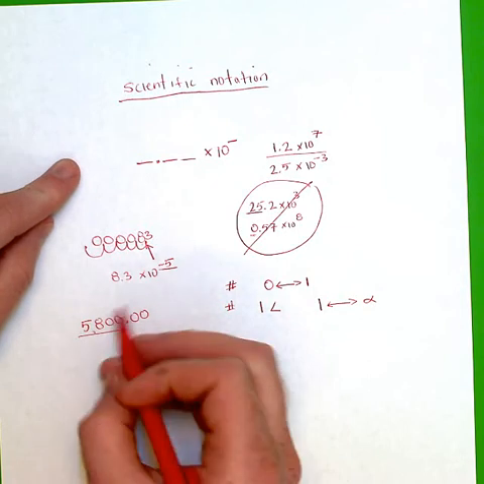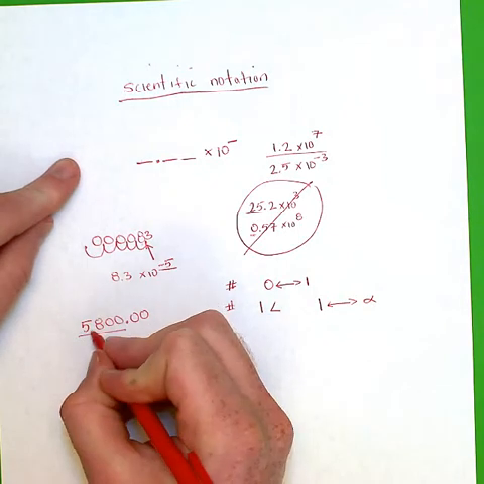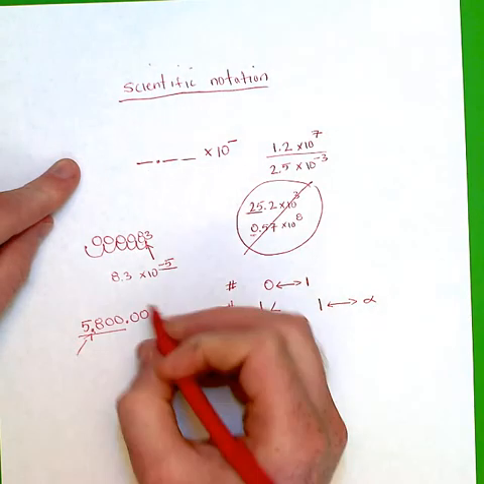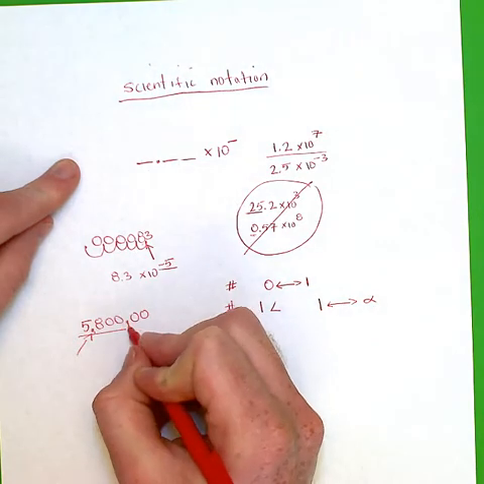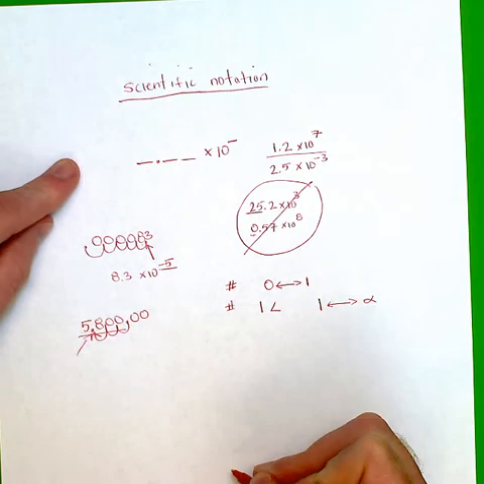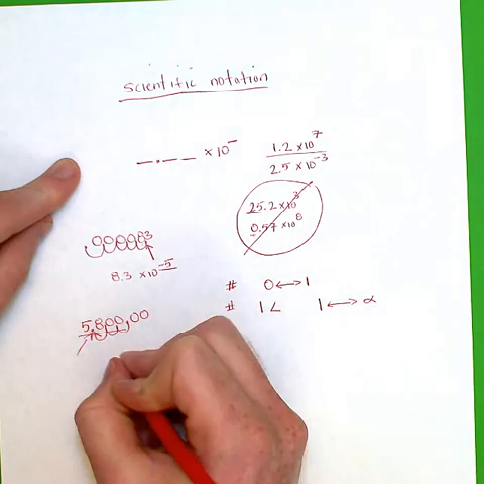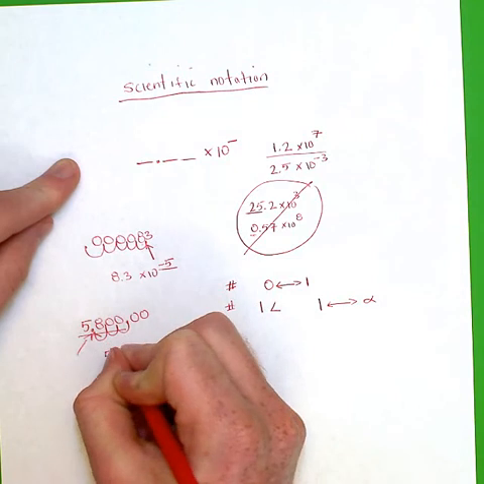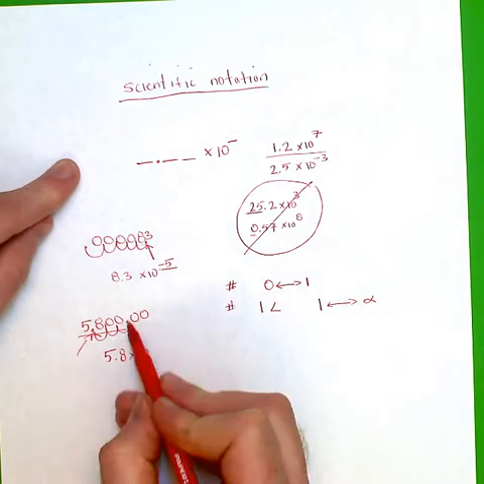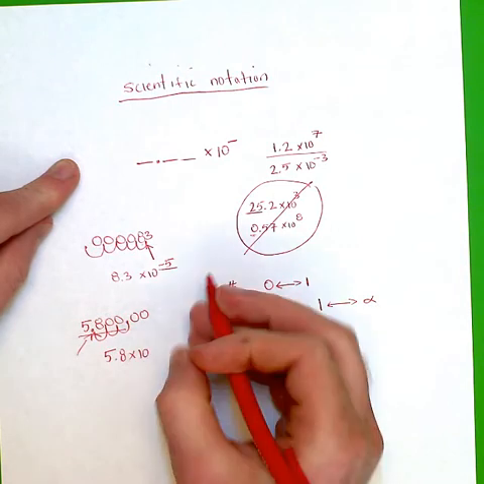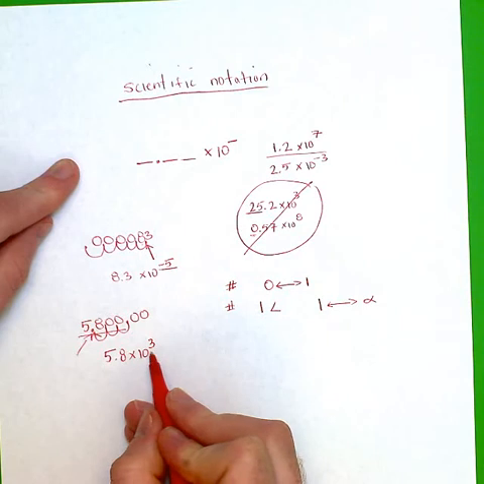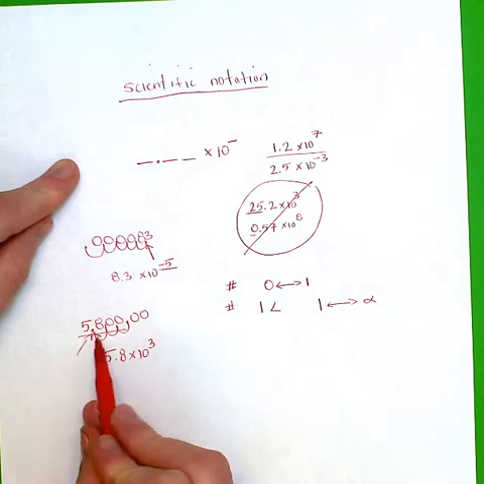And so we want our decimal point right here, which means we need to move this digit 1, 2, 3 spaces, which will give us 5.8 times 10 to the 1, 2, 3. Note that it is a positive exponent because our number is greater than 1.